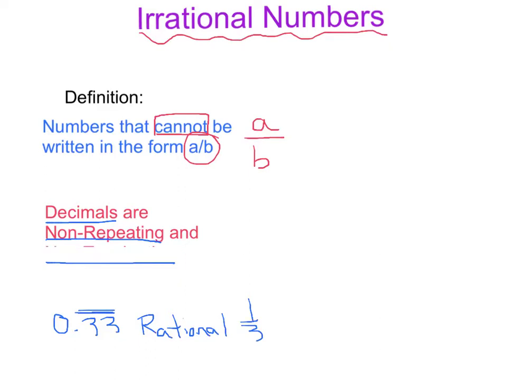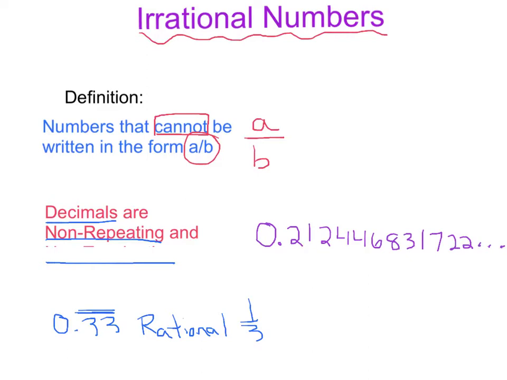So an irrational number, I'm just going to make one up here, 0.212446831722, and let's say it goes on and on and on forever. So this would be non-terminating because the decimal keeps going and there's no repeating pattern to it, so it is irrational.